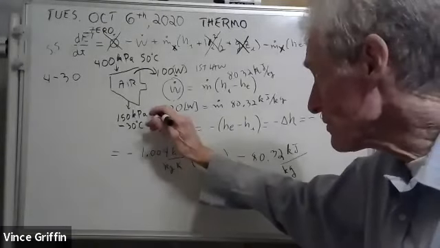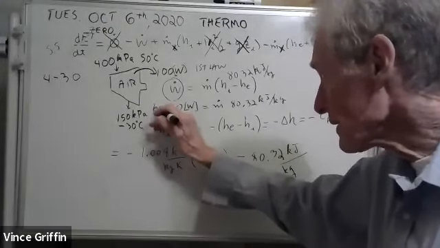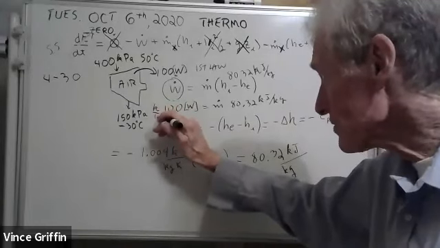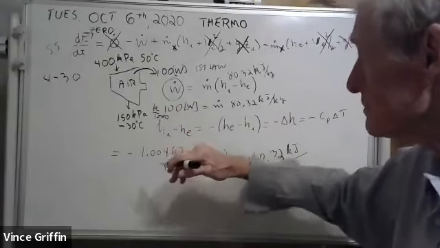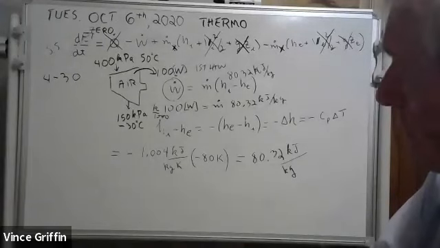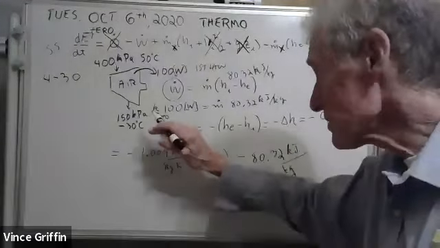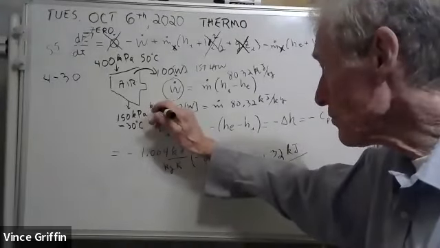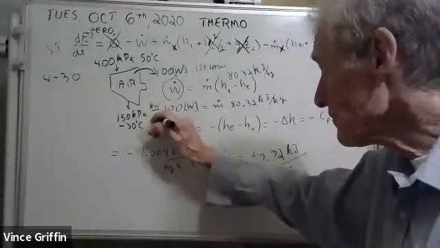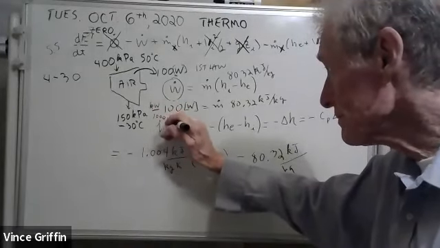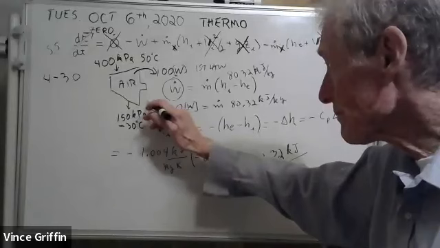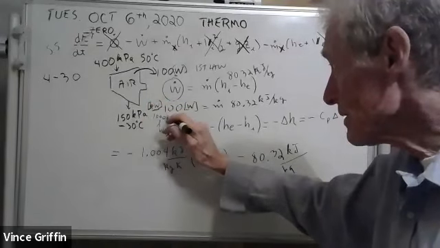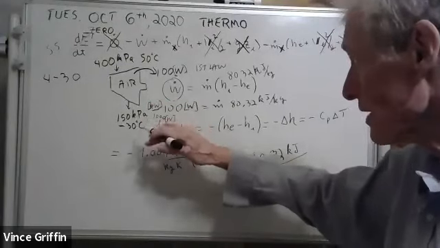Here's one way of solving the problem. Multiply by a k and divide by 1,000. Or you could think of it this way. Multiply by kilowatts and divide by 1,000 watts. Because that's what a kilowatt is. It's 1,000 watts.